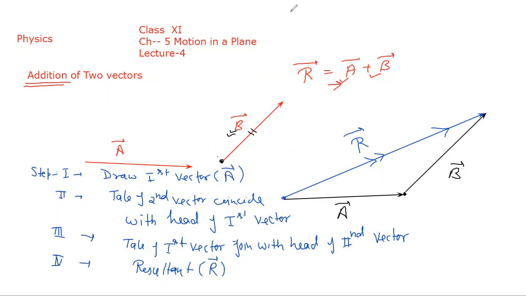Okay, take another example. Vector A is in this direction and vector B is in this direction. So this is vector A and this is vector B. For calculating the R vector, that is A plus B, we first draw the first vector.